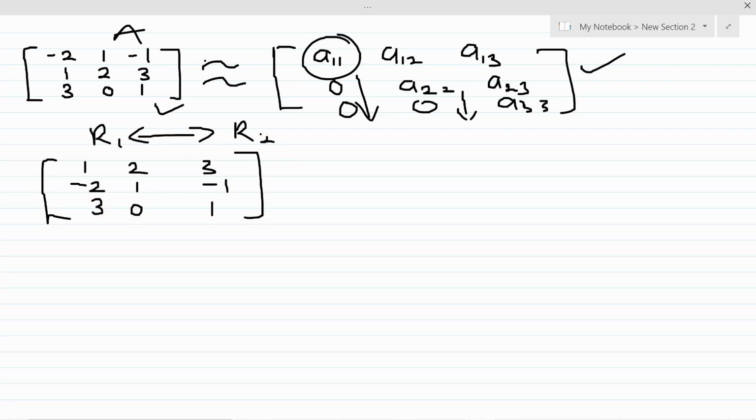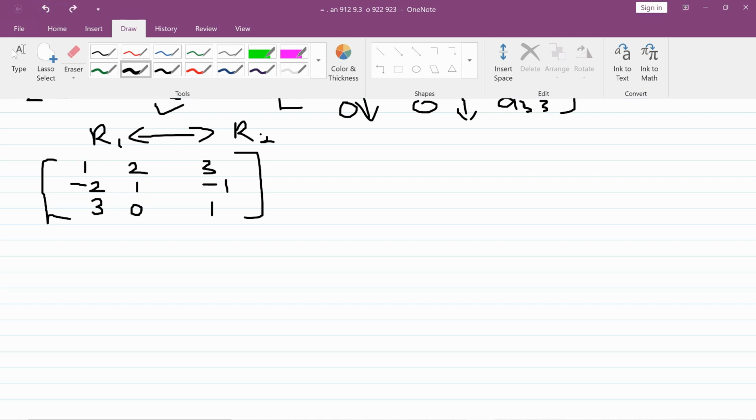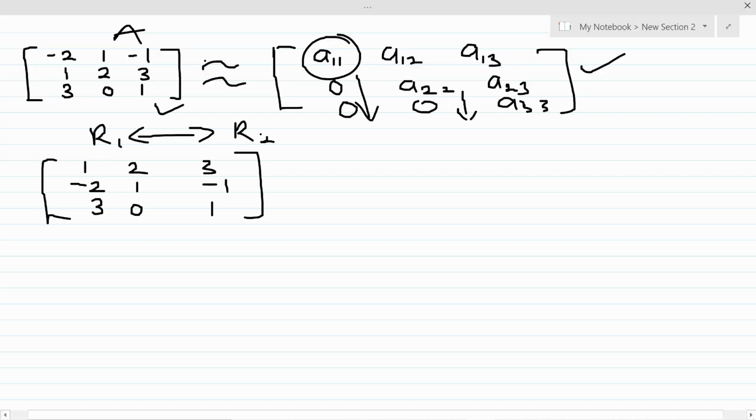Now what you do is look at the elements down under the first entry, which is 1. Looking at the elements down, we have -2 and 3. So what can I do to -2? Looking at 1 and -2, to make sure that -2 becomes 0, I multiply 1 by 2 and add it to -2.